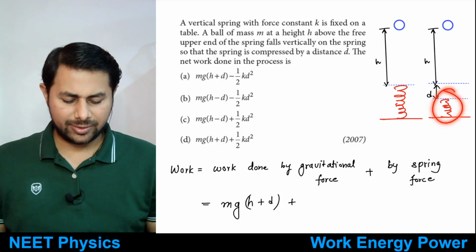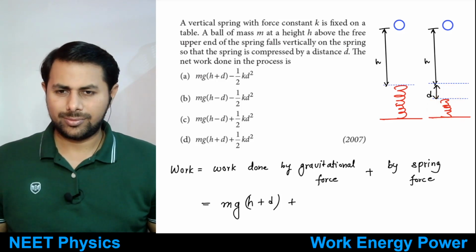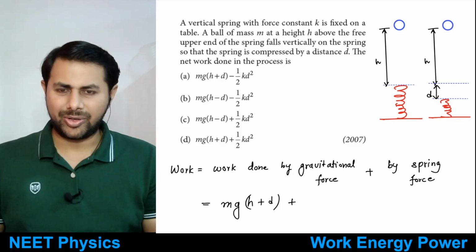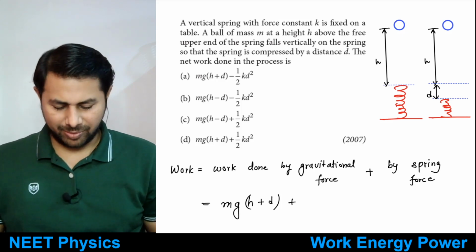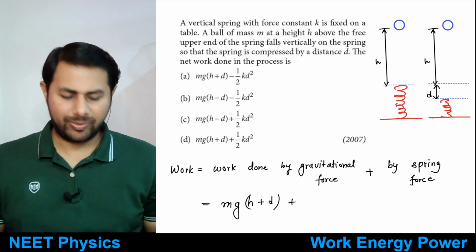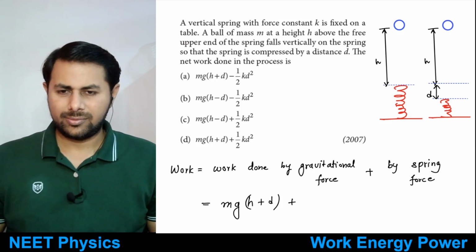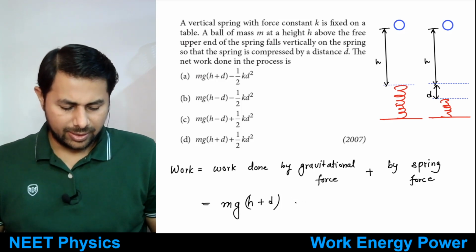How much is that work done? Or you can say work done by external force in compressing the spring would be what? It is half of kd squared, because d is the displacement. What will be the work done by the spring force? It will be negative, so negative of half of k into d squared.